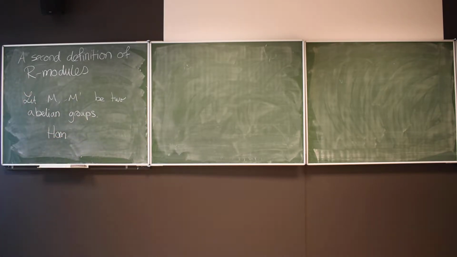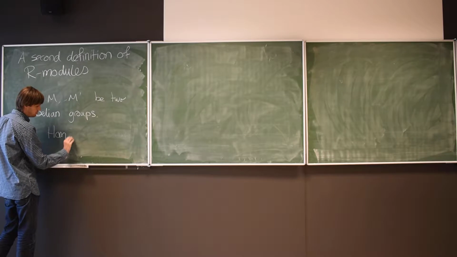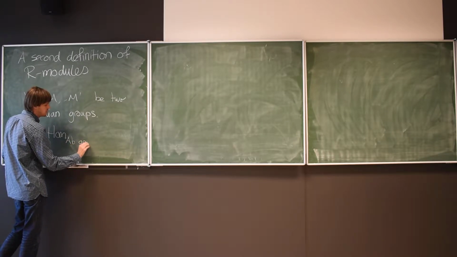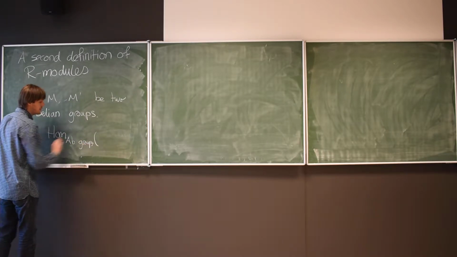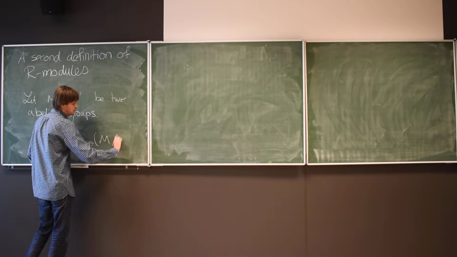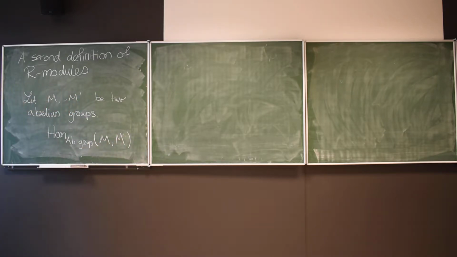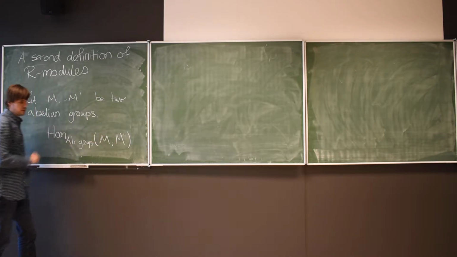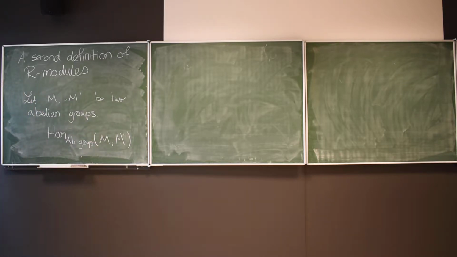So I want to look at the set of morphisms from M to M prime in the category of abelian groups. So let me write it in this way, Hom(M, M prime), like this.